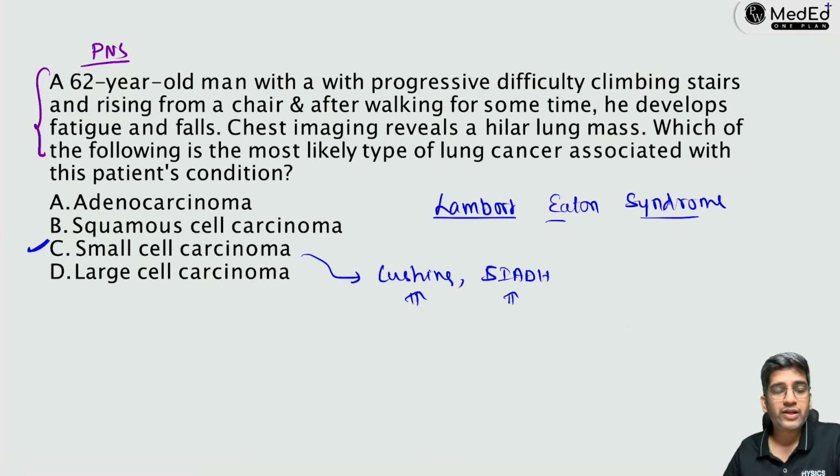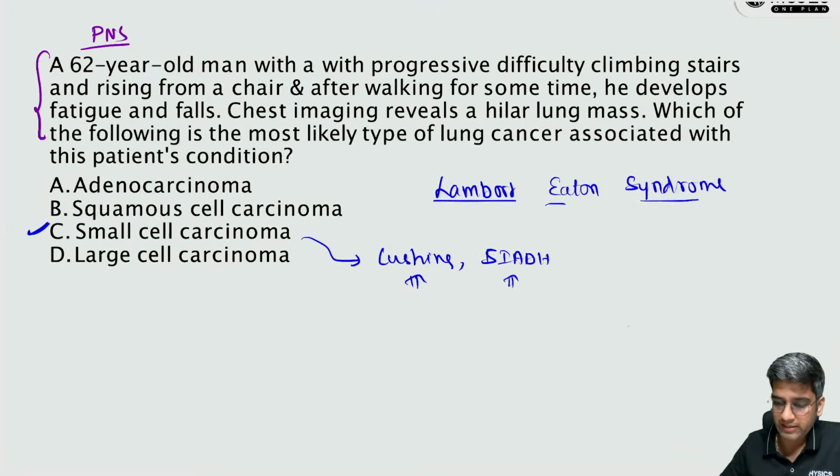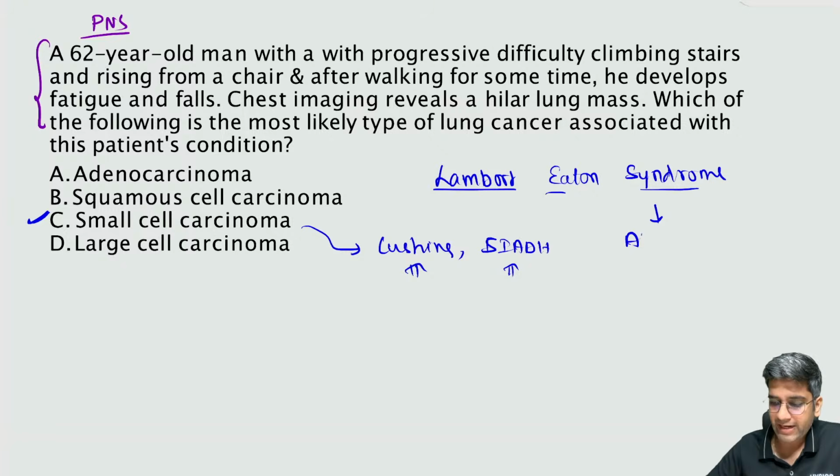Lambert-Eaton syndrome is where we have antibodies against the voltage-gated calcium channels in the nerve endings, the neuromuscular junctions, right? It's a myasthenic syndrome, but the antibodies are not against acetylcholine receptors, they are against the voltage-gated calcium channels.